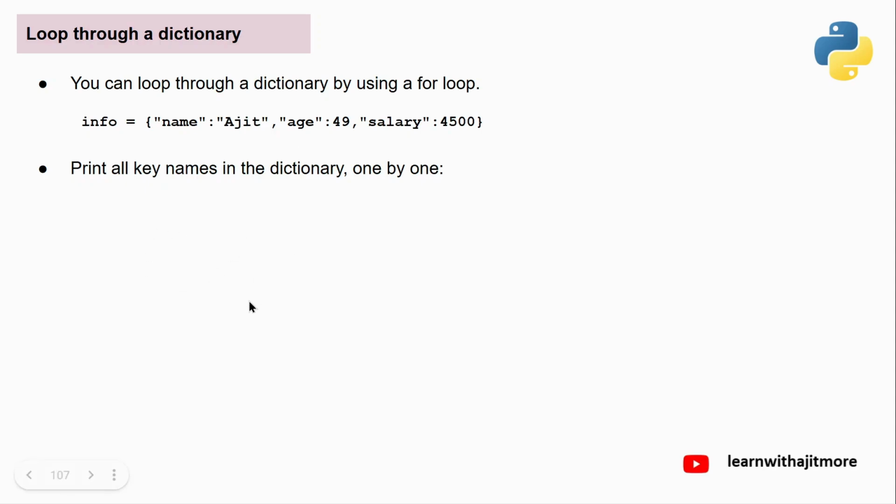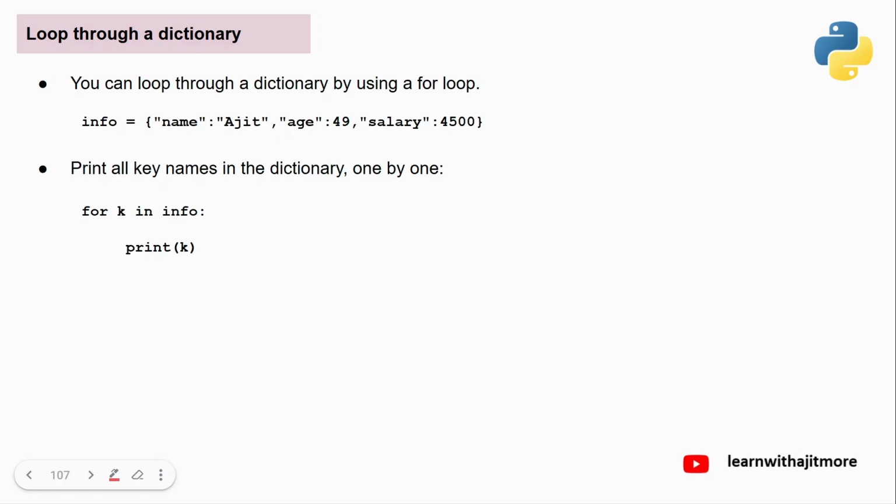One, the standard for loop, for k in info, which we have applied for normal list, tuple, set. When you apply this standard for loop, for k in info, one by one, just the keys will come. It will keep giving you the key one by one, like name, then age, then salary, and you can print and see.